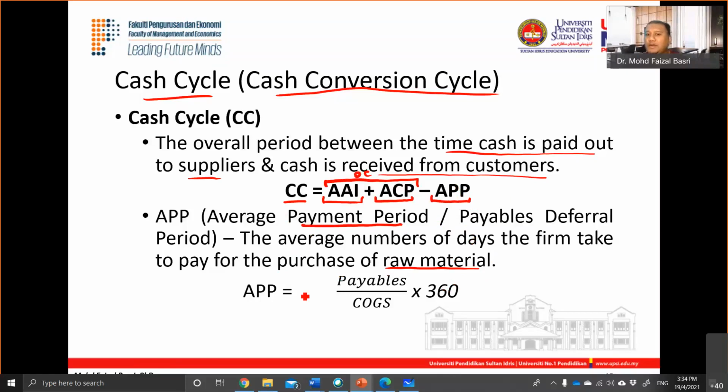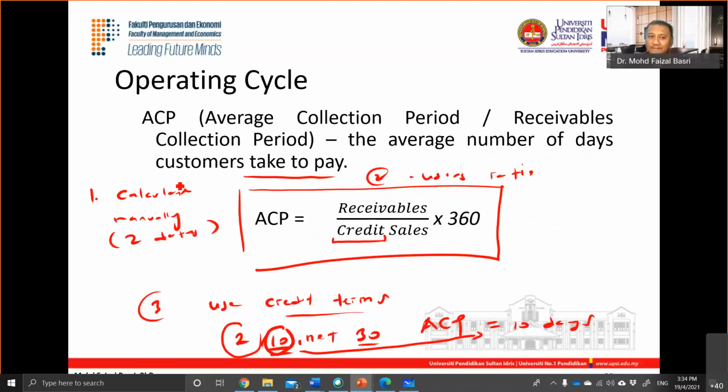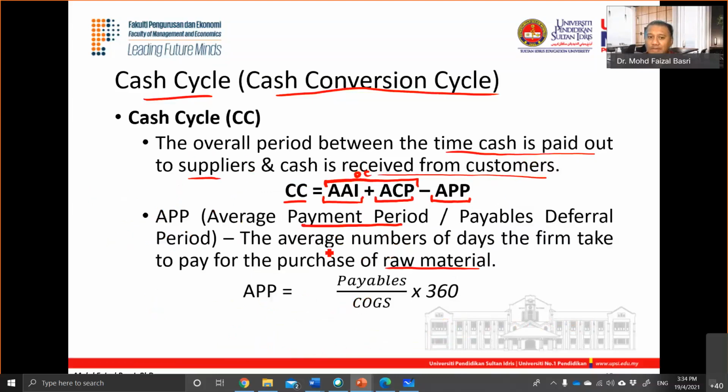Okay, so how to find APP? Again, it's quite similar to ACP. We can find the APP by manually calculating the number of days between two dates if they give you two dates. Or we can use this formula. Okay, so the formula is payables divided by cost of goods sold times 360.